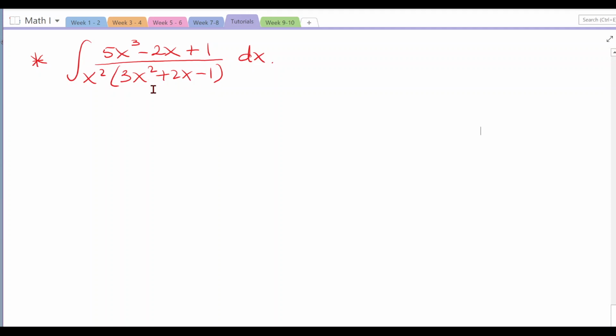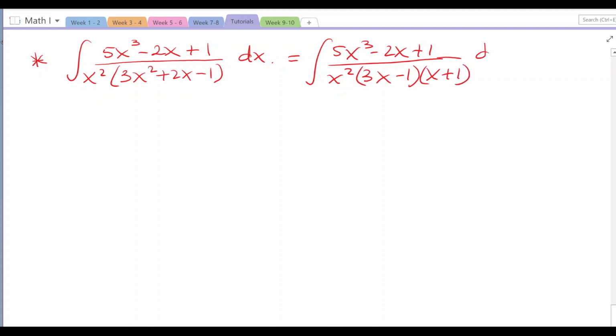I think this can be factorized into its individual components. So this is the same as the integral of (5x cubed minus 2x plus 1) all over x squared, and the factors will be (3x minus 1) and (x plus 1) dx.